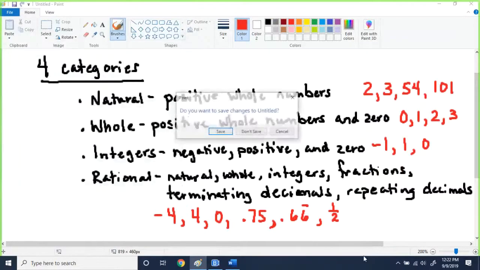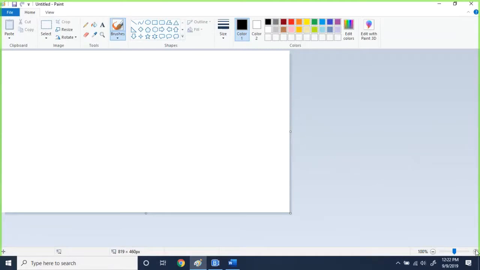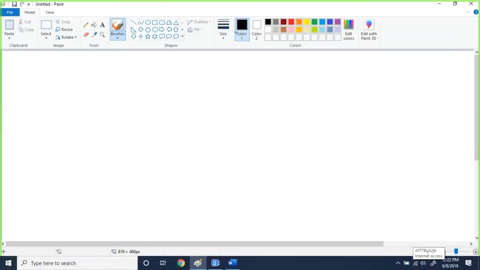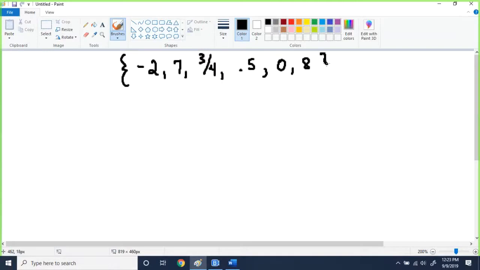Okay, so let's look at an example of a number set, and we're going to put them in the correct category. Our numbers are -2, 7, 3/4, 5/10, 0, and 8.